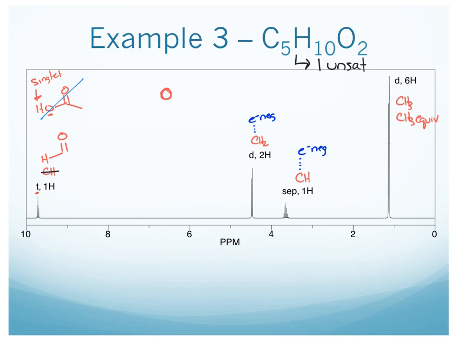Well, the CH3 groups, those show up as a doublet. Well, n plus 1 equals 2, a doublet. So n must equal 1. So they're connected to a CH. Well, there's only one CH in this spectrum that we can connect those to, and that's the CH right here. So let's go ahead and make that connection.